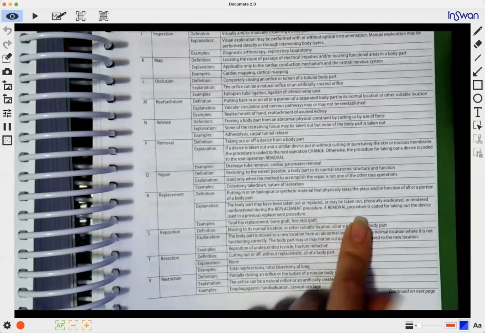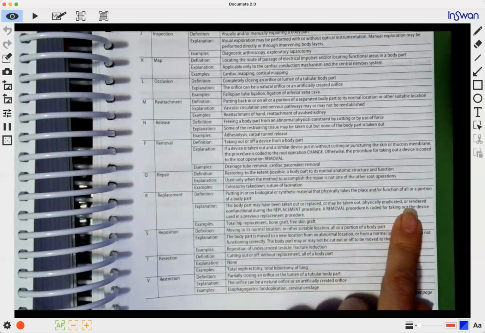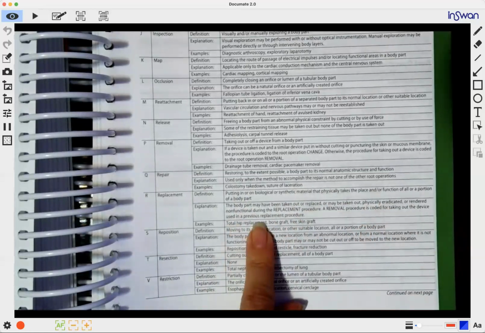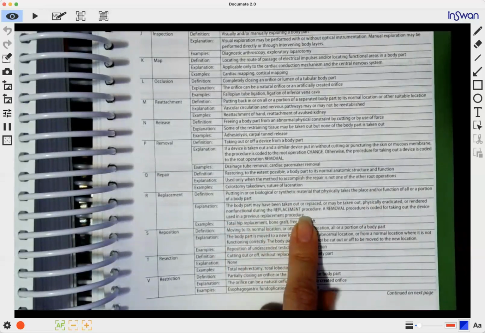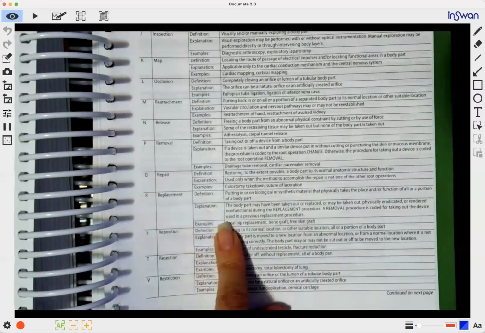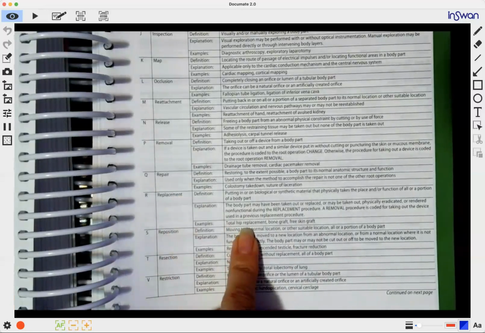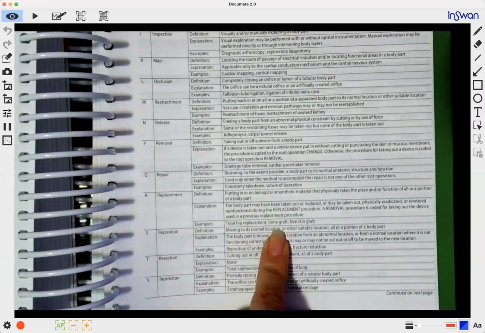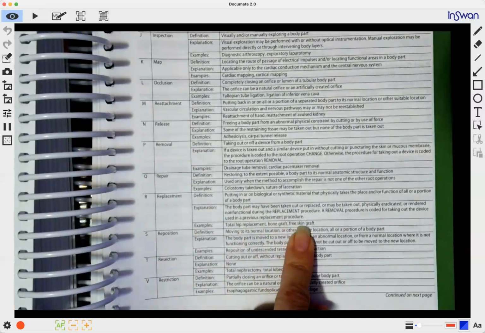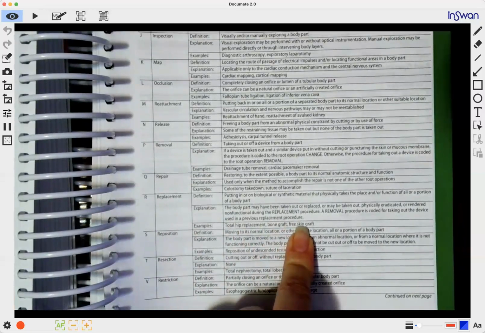A removal procedure is coded for taking out the device used in a previous replacement procedure. So replacement, a total hip replacement. They're replacing that hip joint with artificial means, right? So a total hip replacement. A bone graft, free skin graft. So they're replacing all or a portion of a body part.